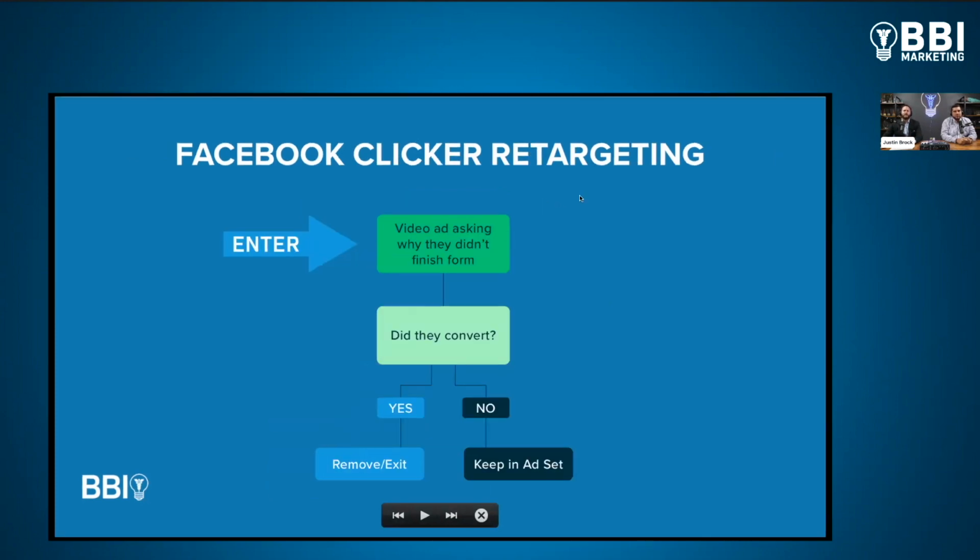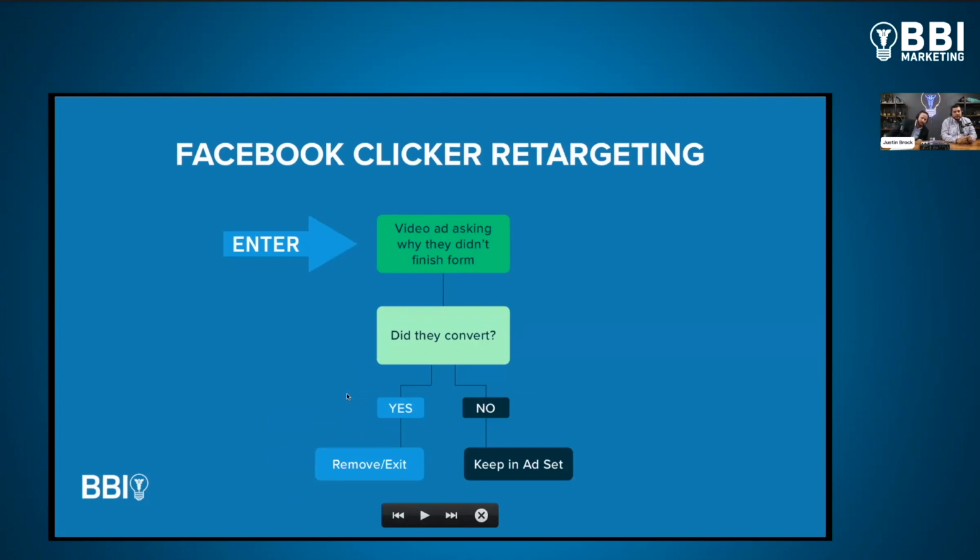Now, here's my Facebook clicker retargeting, slightly more simple. A video ad, asking them why they didn't finish the form, not in an aggressive way, just a nice way. Did they convert? Yes or no? No, keep them in the ad set. Yes, boom, they exit.